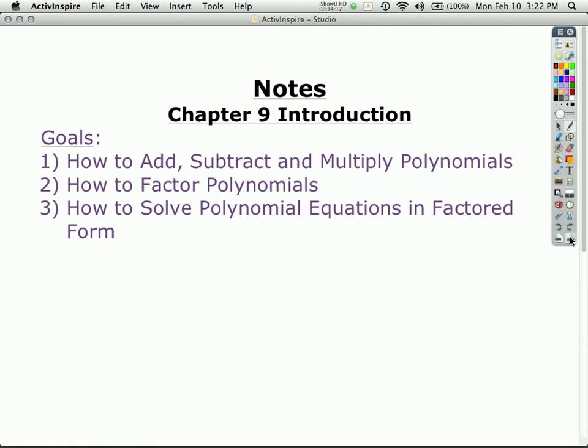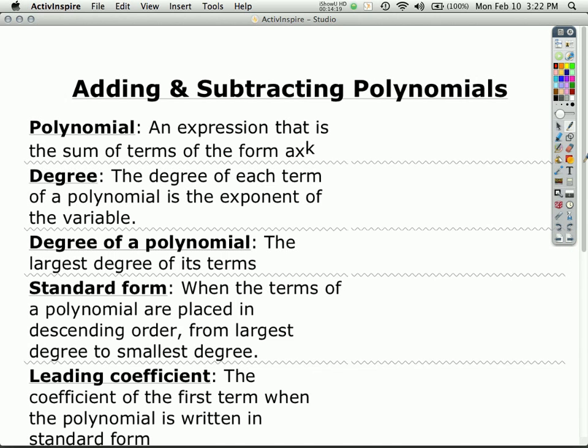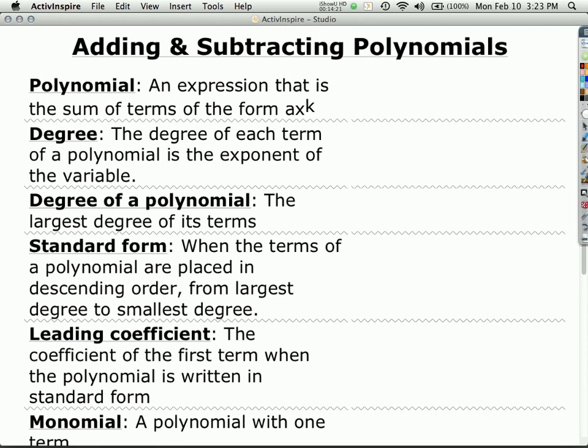So, first, today we're going to add and subtract polynomials. What I would like you to do is take a few minutes and start copying some of the new terminology and their definitions. Use abbreviations, but don't use abbreviations on anything new. Use abbreviations like on expression and exponent, variable.